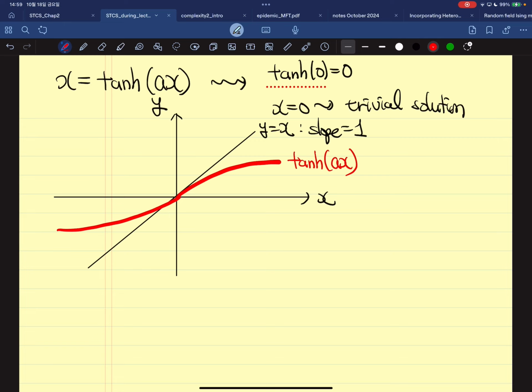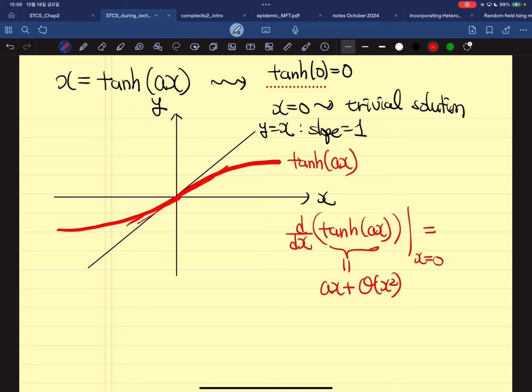The important point here is the local slope of this hyperbolic tangent function. So if we differentiate hyperbolic tangent at x equal to 0, of course you can do that with the differentiation formula, but I will take the Taylor series expansion and get this result. It's kind of cheating, but actually it's accurate.